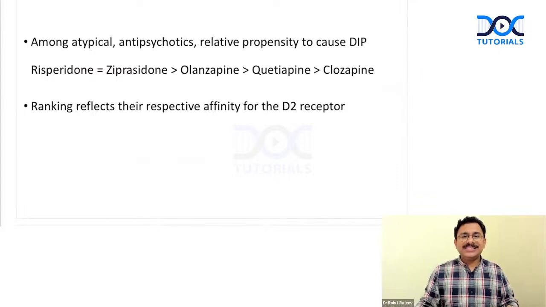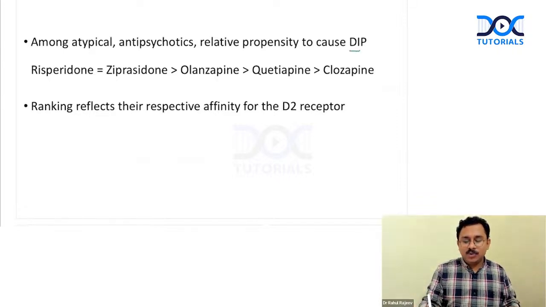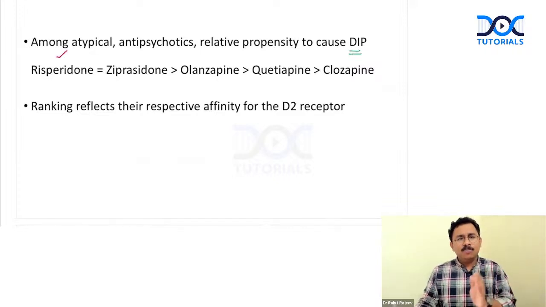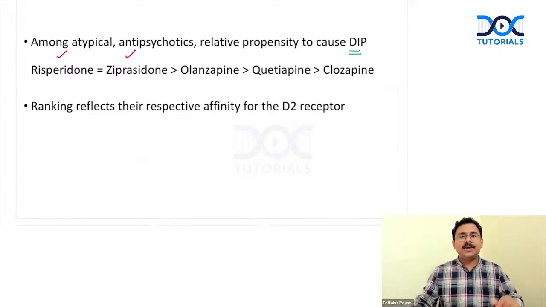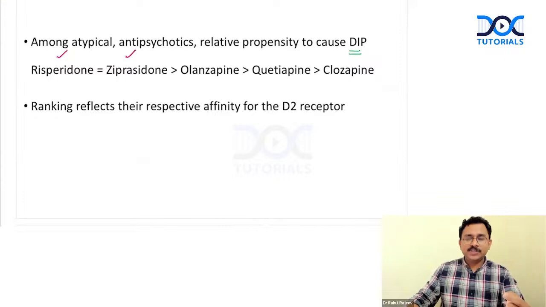Among the various atypical antipsychotics, the relative propensity to cause drug-induced Parkinsonism is maximum for risperidone, and almost equivalent, you can also have ziprasidone. So risperidone and ziprasidone have almost equal propensity to cause drug-induced Parkinsonism.